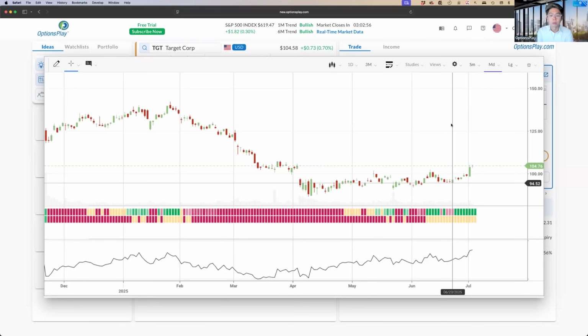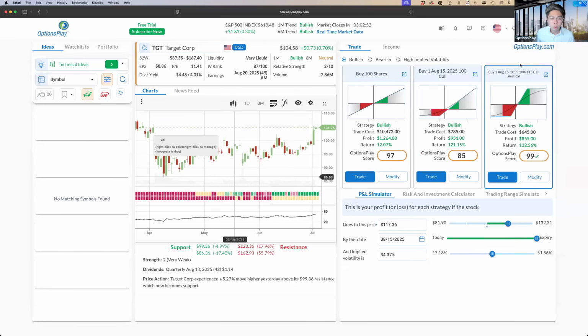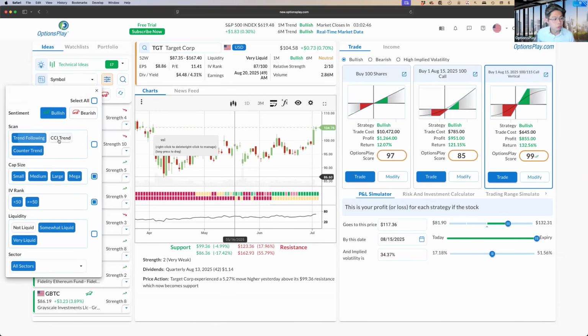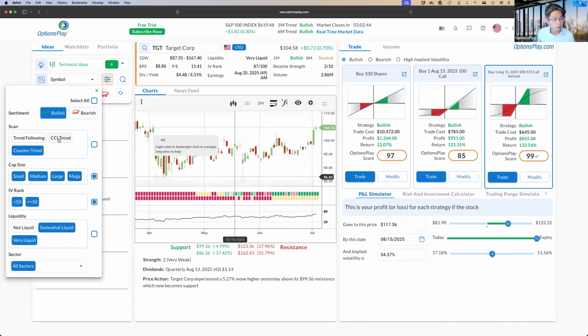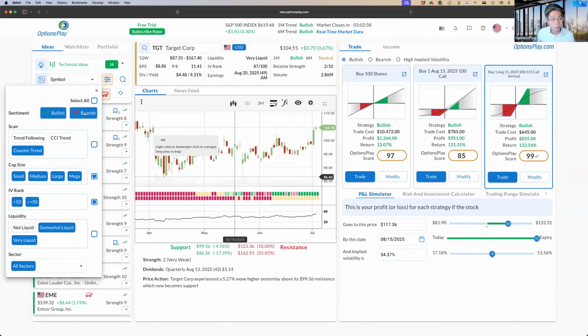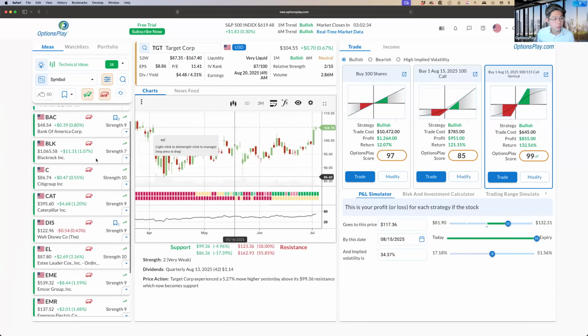Can you please show the screening for trend reversal step by step? Are you talking about on the platform? So, there's three scans, right? There's trend following, CCI trend, and counter trend. Just select the counter trend one, and that's it. I would select both bullish and bearish just so you can see both. And that's how you can find them.